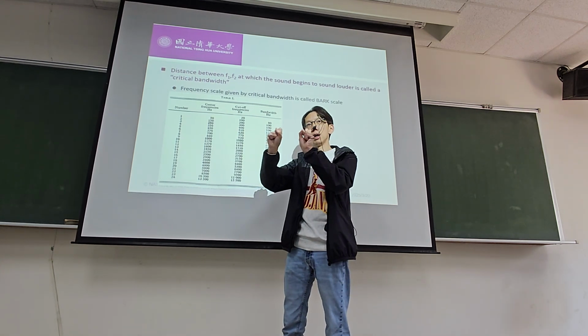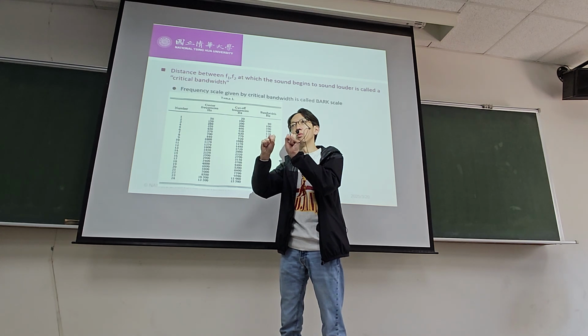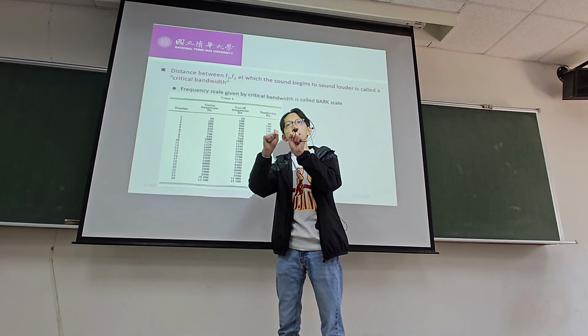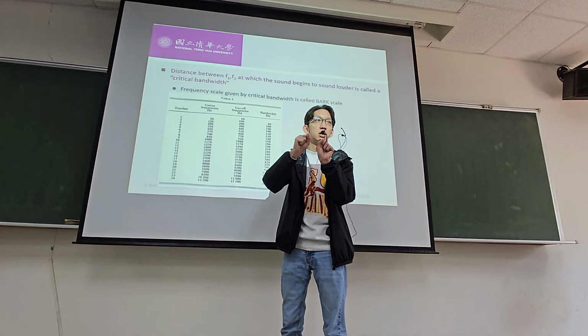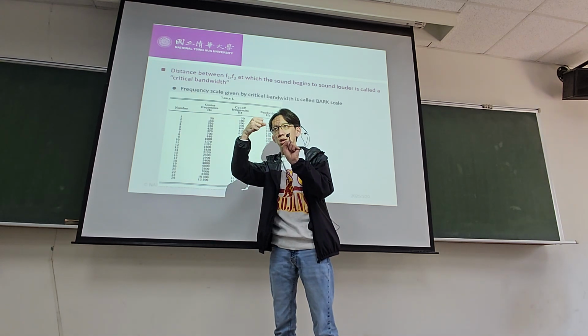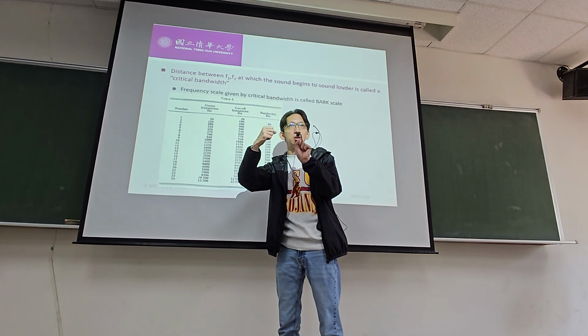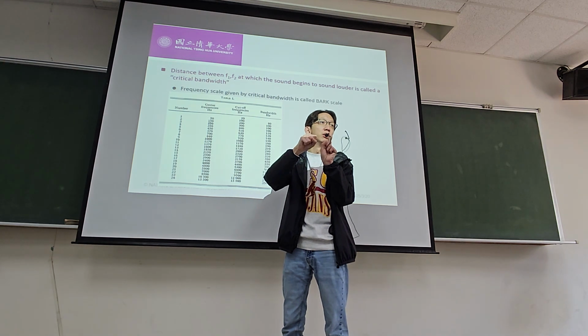And you try to understand at what point you start to think the sound sounds louder. That means you are using another location of your membrane to start processing the signal that you hear.